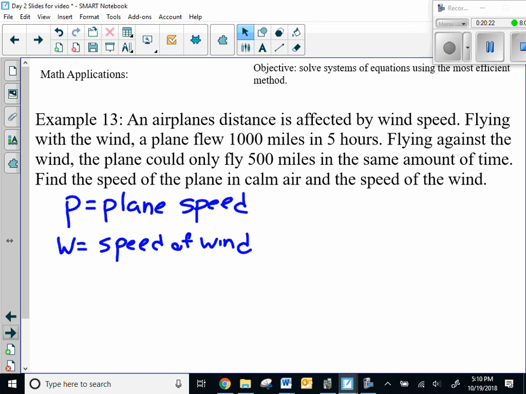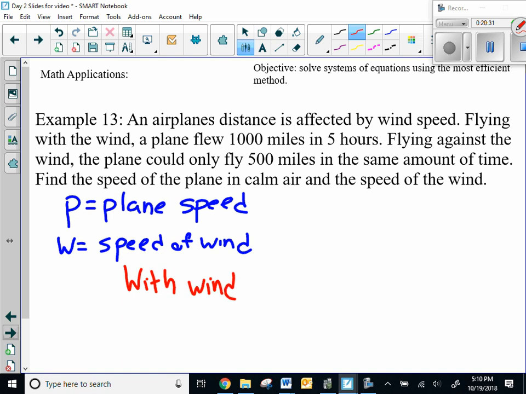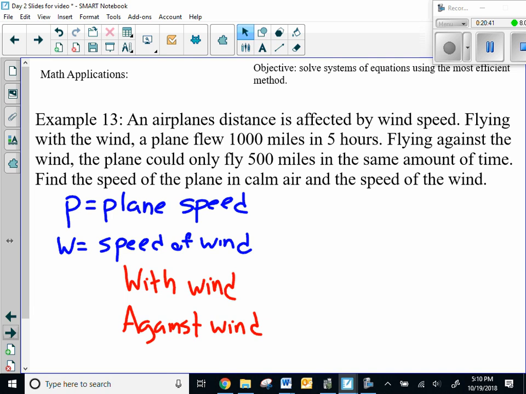The two situations we're dealing with are the plane flying with the wind, where the wind is going the same direction as the plane, and against the wind, where the wind is pushing back on the plane. So I'm going to show you a little video to help us think about what's happening here. So if we go to YouTube.